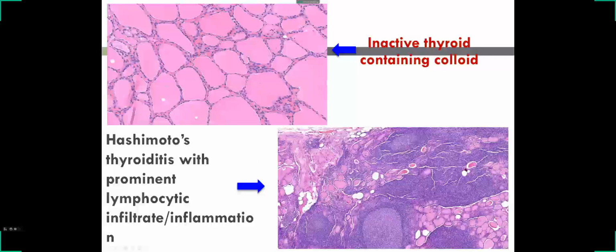So you can see you don't have these nice big round follicles. You don't have very clear colloid definition. You have a massive number of small cells here that are your immune cells that have infiltrated, here in purple, and you can see clearly there's something wrong.